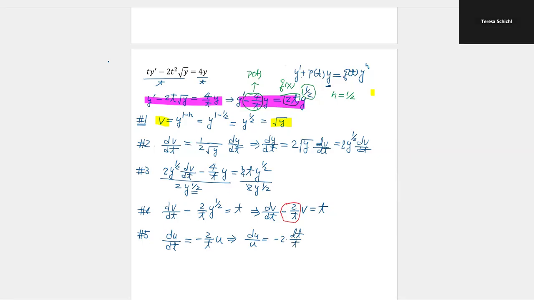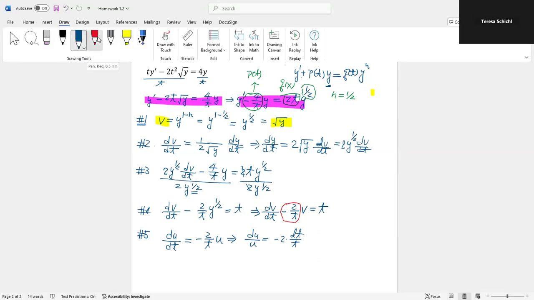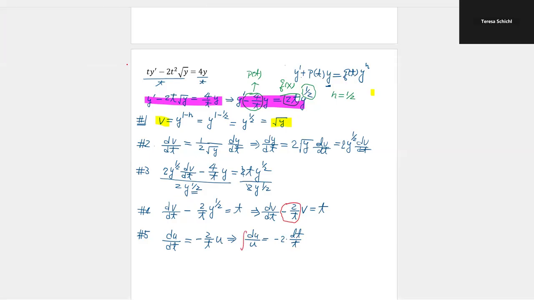After this, I want to integrate both sides.